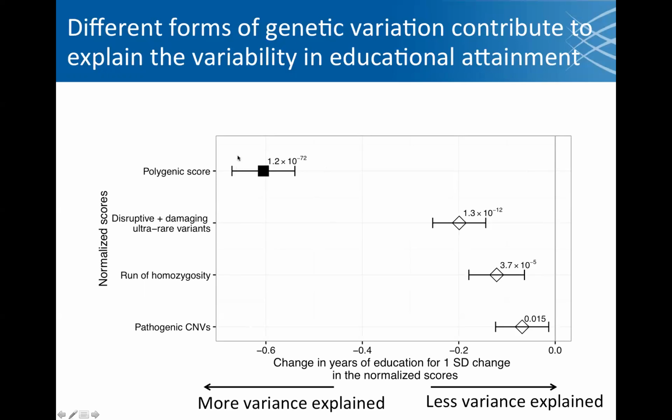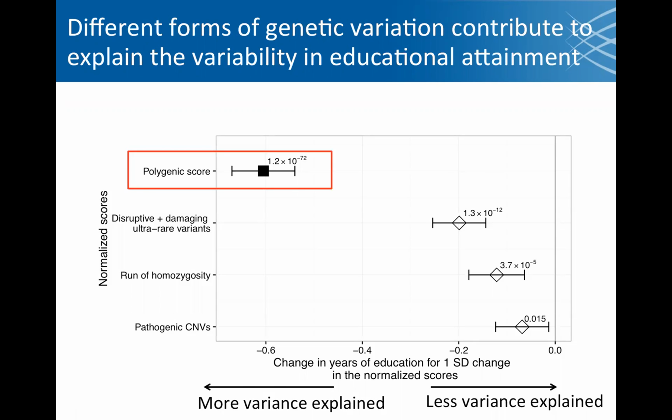Really, the winner in this competition, the one that explains more of the genetic variance in educational attainment, is the polygenic score. Even if the effect size of each common variant is smaller, in aggregate the polygenic score explains more variance, while the effect size of a single ultra-rare variant is stronger, but by being rare, they explain less variance.